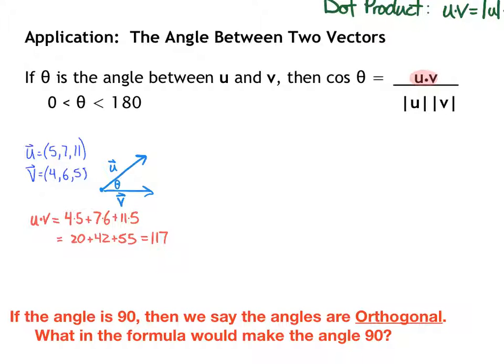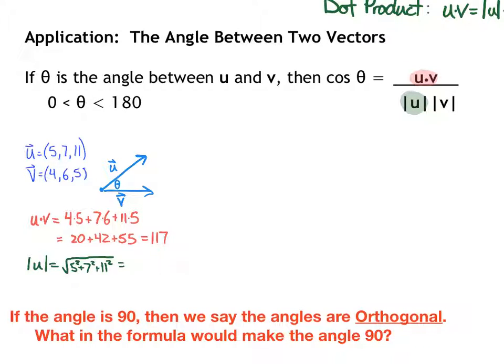Okay. Now we need to put that over the magnitude of vector u and the magnitude of vector v. So let's do the magnitude of vector u here. Square root of 5 squared plus 7 squared plus 11 squared.